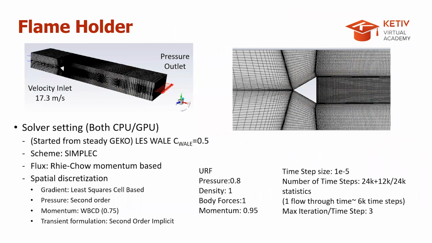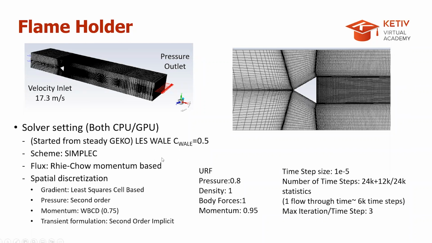Now, this is a slightly more complicated problem. We have a flame holder simulation, and we have a velocity inlet that passes through a triangular section over here, and then we have a pressure outlet over here. You can look at the internal section over here.